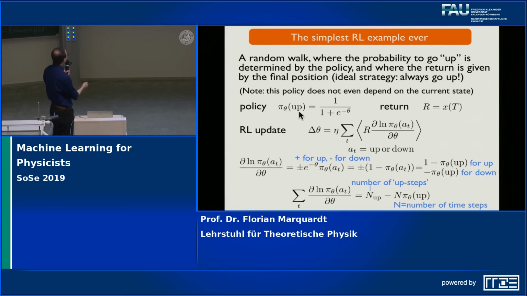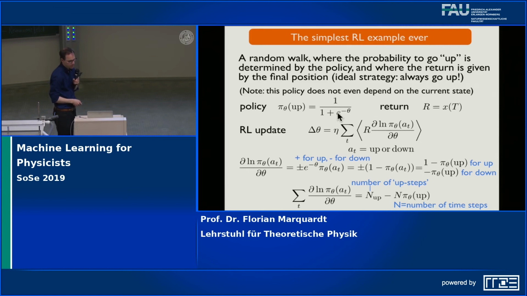And this defines the probability to go up. And I take it to be in this form, and you recognize an old friend. This is the sigmoid, yeah? Or the Fermi distribution. So if theta is very large, then this e to the minus theta is 0, so I get 1. If theta is very small and negative even, then this explodes and I get 0. Okay. I don't need to independently specify the probability to go down, because probabilities are normalized, so this is just 1 minus what is displayed here.